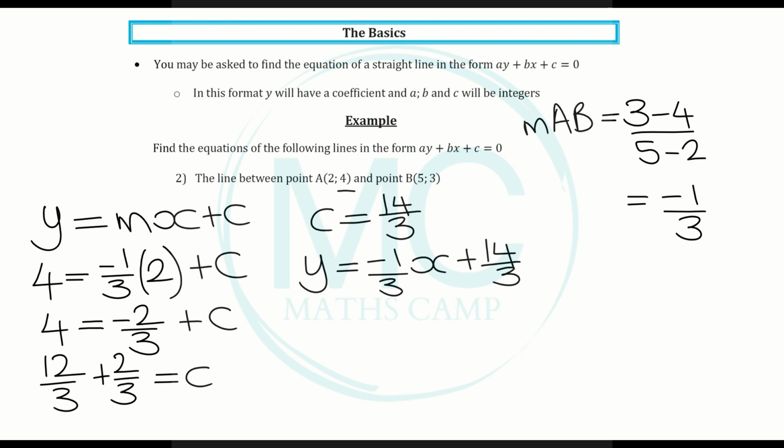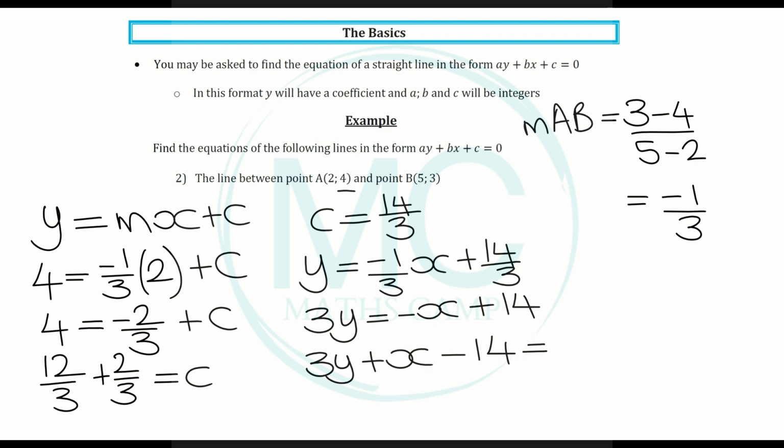Let's multiply out the fractions and we get 3y is equal to negative x plus 14. Let's move x and the constant to the left and I get 3y plus x minus 14 is equal to 0.